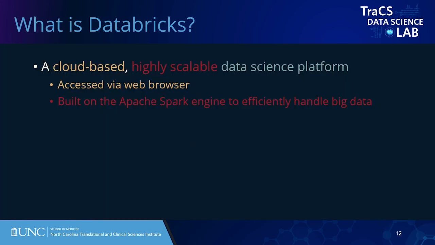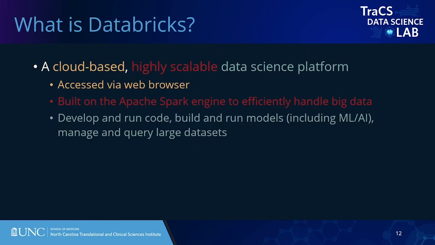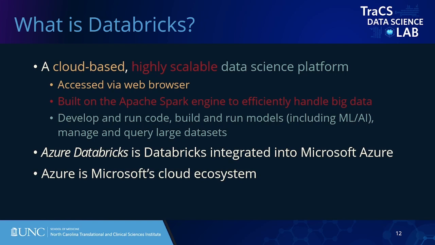Now, we've already touched on this final part of our description, that Databricks is a data science platform. So you can use it to develop and run code, build and run machine learning and AI models, and manage and query large data sets. Now, in the groups we work with at UNC and within the SHIRE, the specific type of Databricks we use is called Azure Databricks.